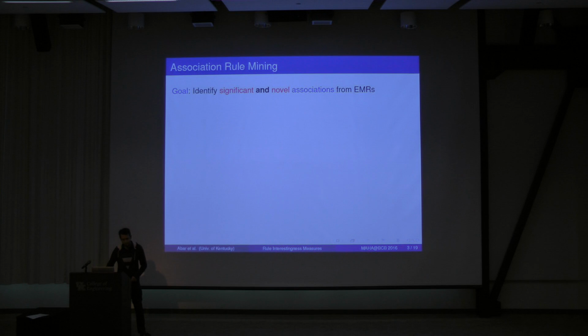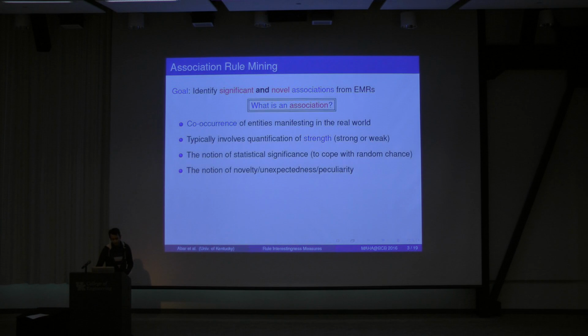Before starting with association rule finding, what's our goal in this research? Our goal is to find significant and novel associations from EMR. Now, what is an association?